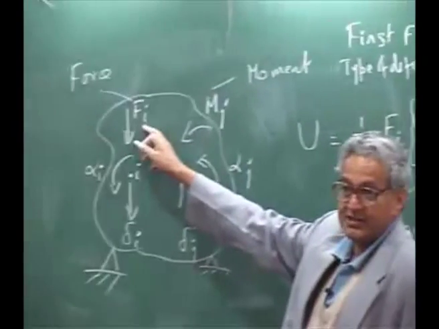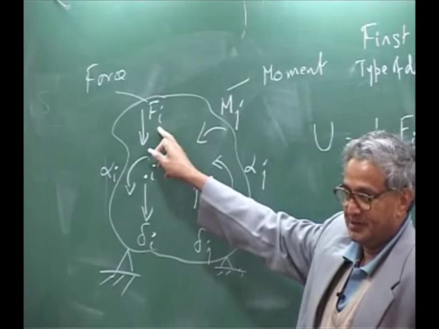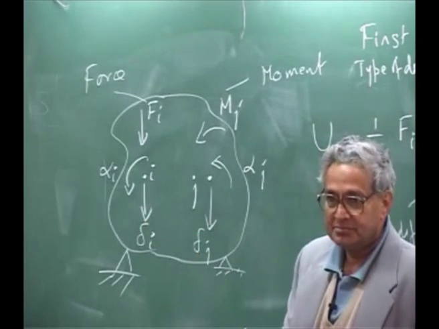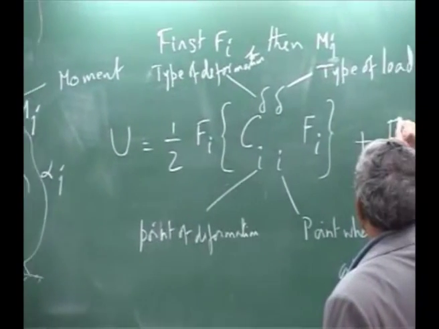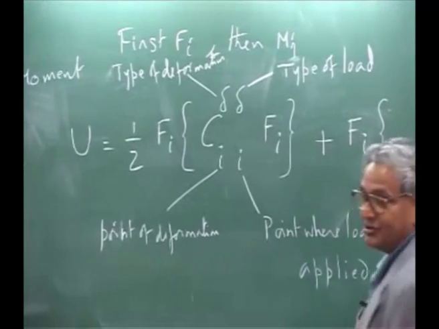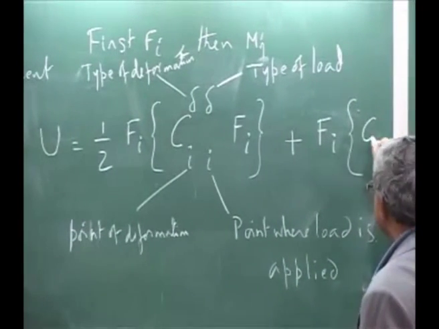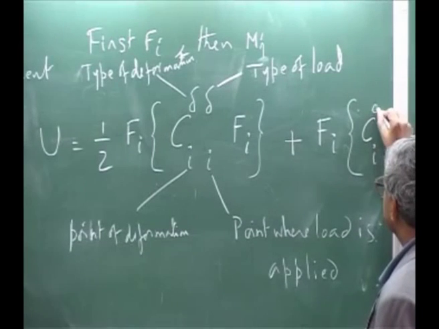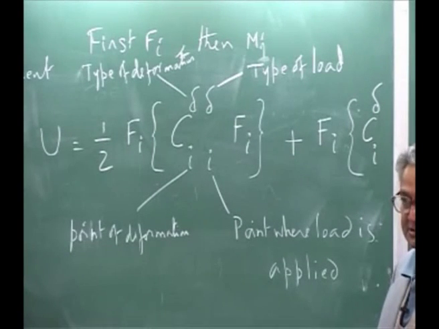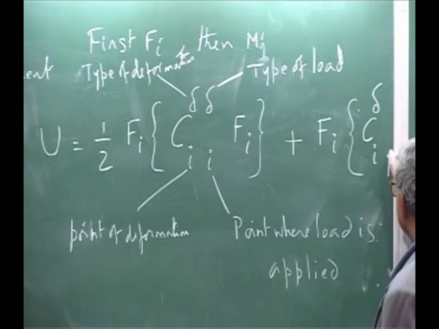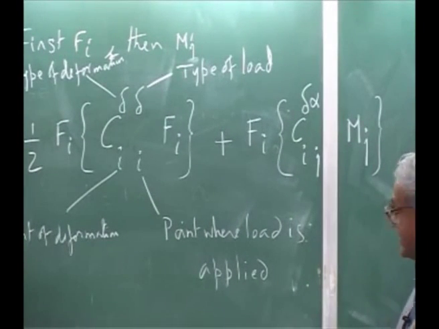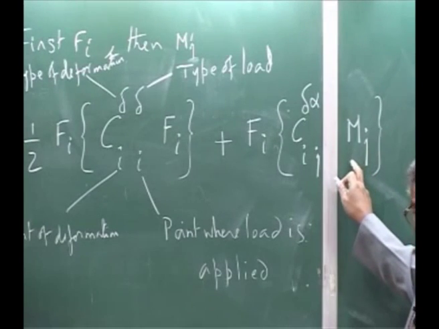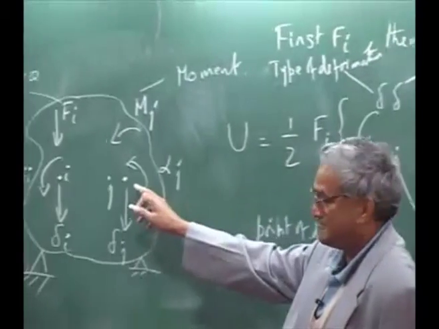Now the load Fi is a fixed load, and it will move through some distance. That will be Fi times C I delta J alpha Mj, because Mj is the moment I am applying here.